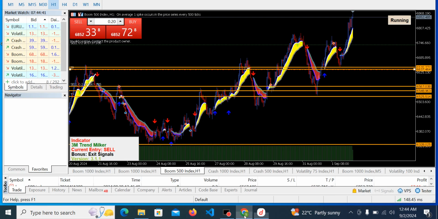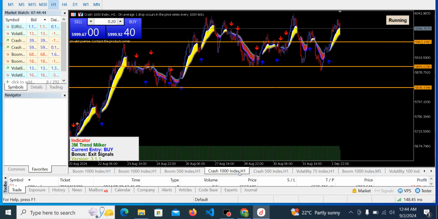Next asset is going to be Crash 1000. This had been on an uptrend from this region, got to this resistance zone, had another pullback, and went back above it, and it played around there for a while. Last week I told us that it has been playing around there, so we should focus on this region. It got to this support zone again and went back up, and it is still on an uptrend.